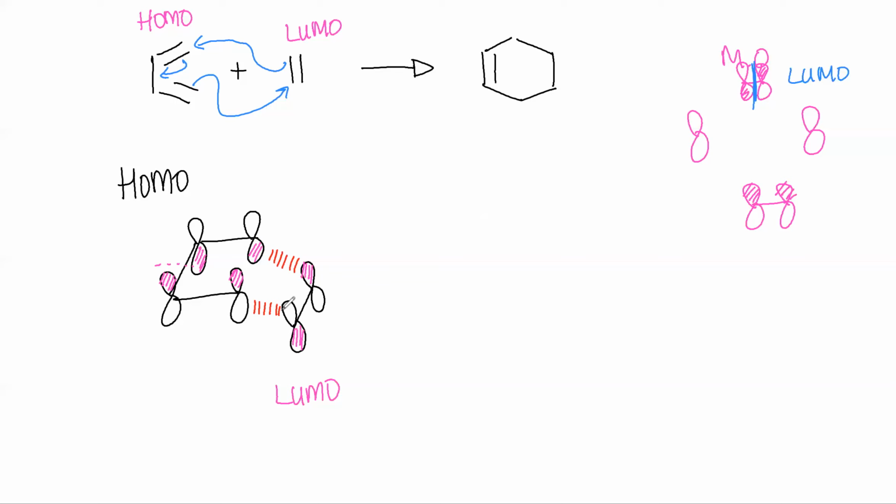Now, with regard to the cisoid versus transoid conformations, you'll notice that if I was to draw the trans version of this, let's get our pink color out. And our nodal plane was right here.